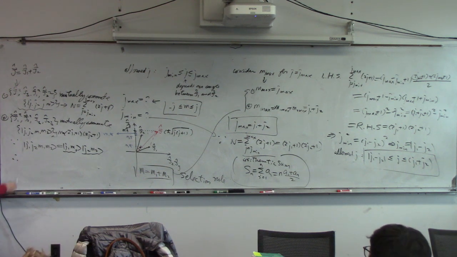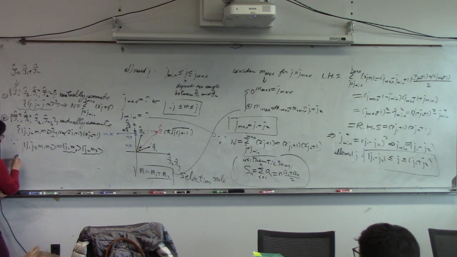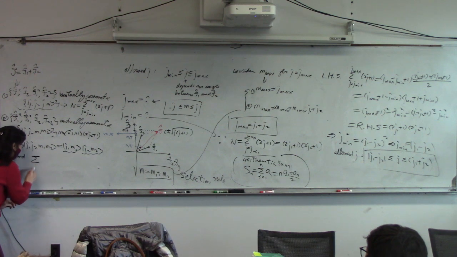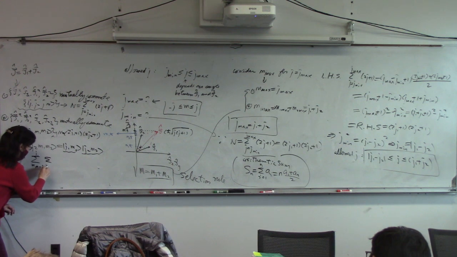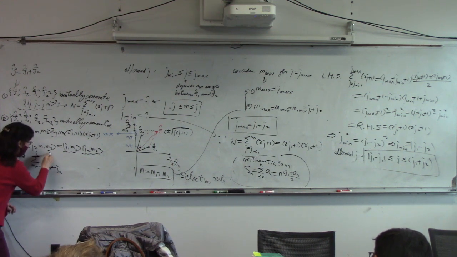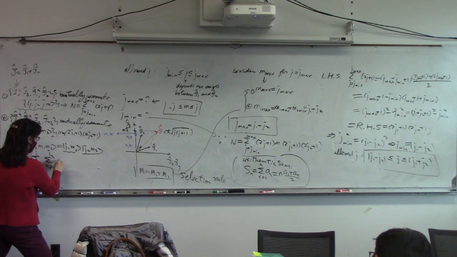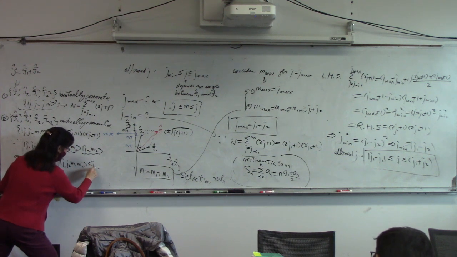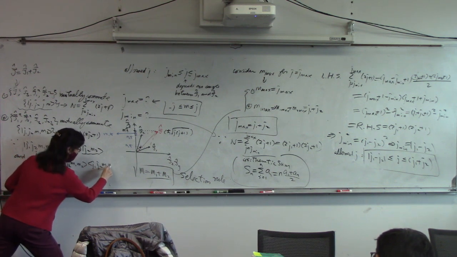And because the joint eigenstates form this complete space, we know the completeness is the sum over all m1 from −j1 to j1, and the sum over all m2 from −j2 to j2, of the product operator |j1, j2, m1, m2⟩⟨j1, j2, m1, m2|, equal to what?